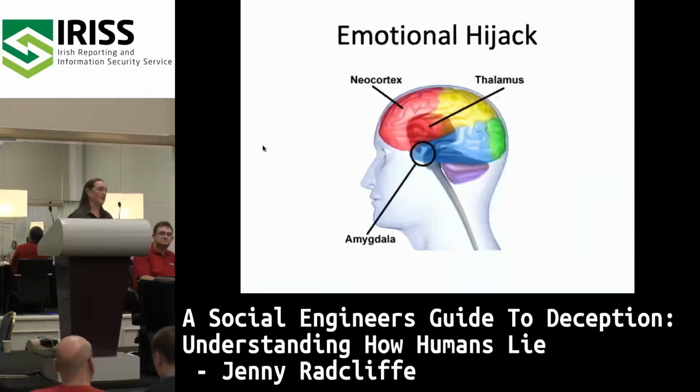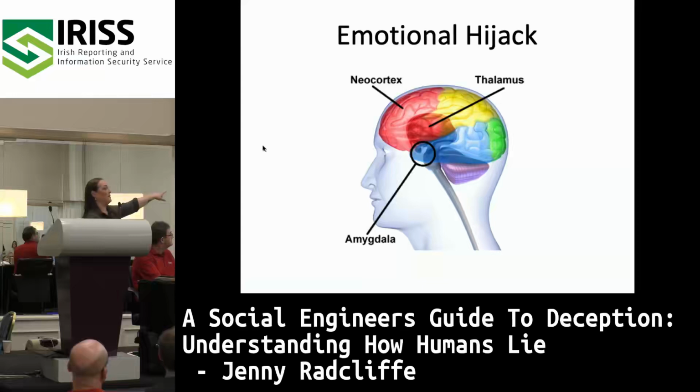We use it in social engineering because what we know is if we can get someone into an emotional state, we can override the part of the brain, the neocortex, which is actually your thinking brain, okay? So what happens is the thalamus here, sorry, biology lesson now, processes visual and audio signals coming in from that automatic system, and it passes them through to the rest of the brain.